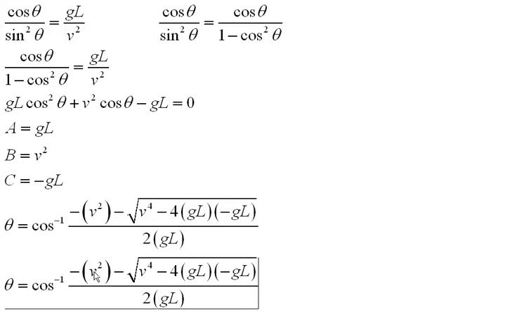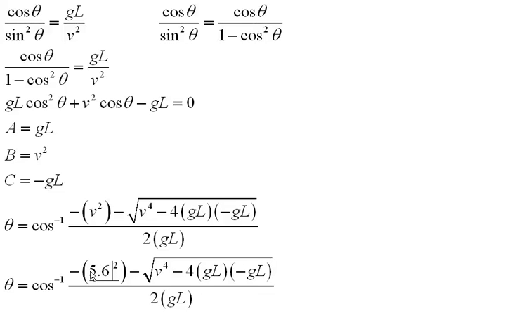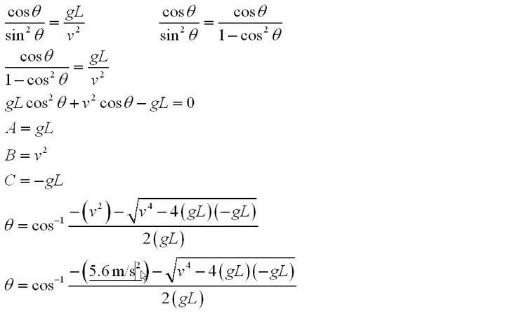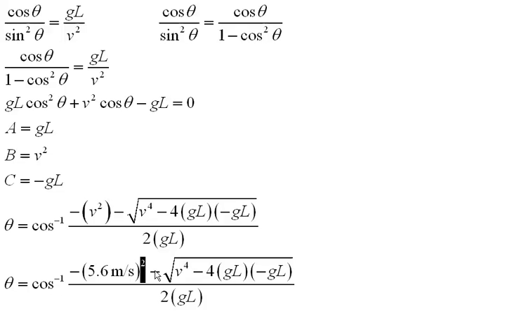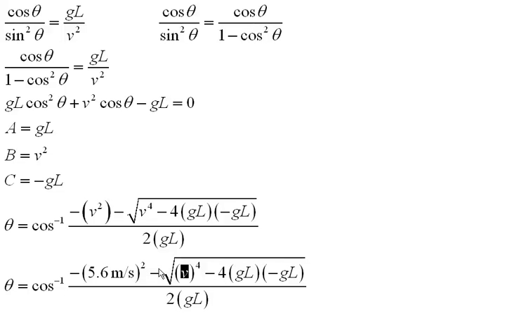Okay, the velocity as given in the problem is 5.6 meters per second. Let's just move the square to the outside. Velocity again is 5.6 meters per second.